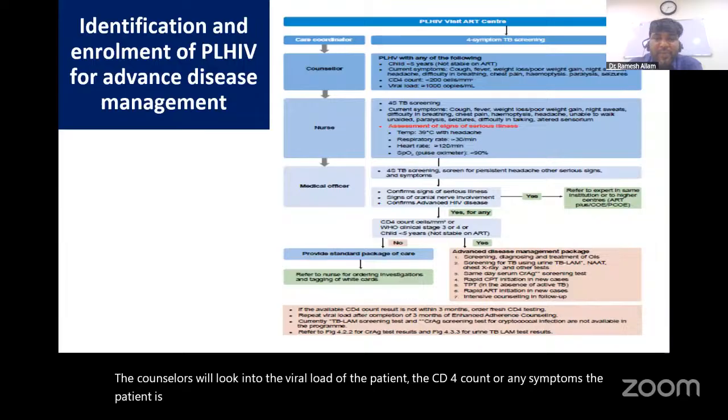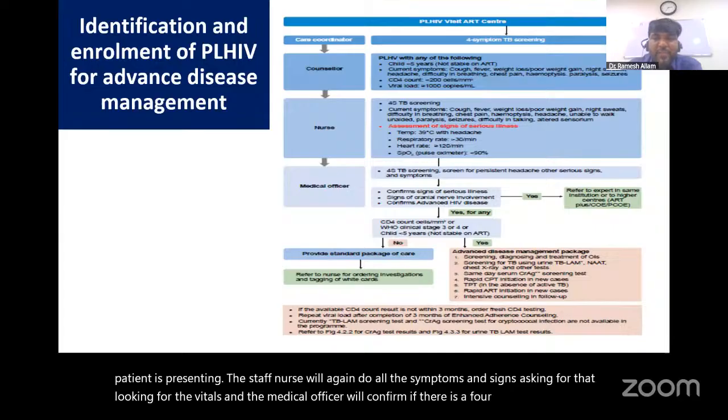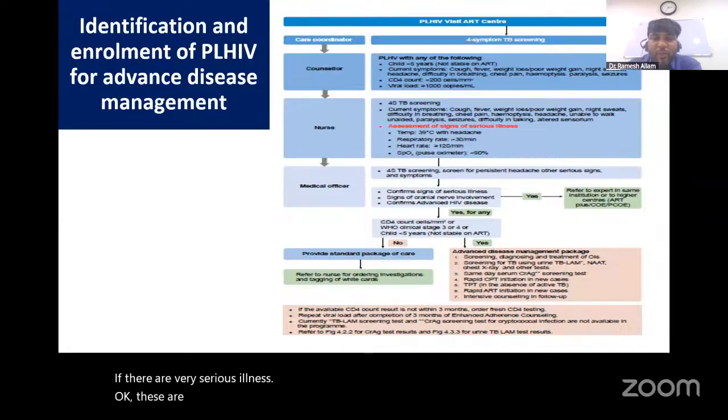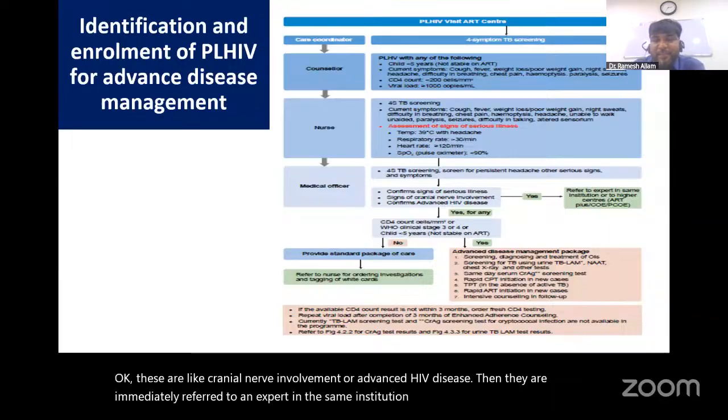The staff nurse will again look for all the symptoms and signs and the vitals, and the medical officer will confirm the 4 symptom screening for a diagnosis. He or she will confirm the signs of serious illness. If there is very serious illness, like cranial nerve involvement, then they are immediately referred to an expert in the same institution or a higher center.